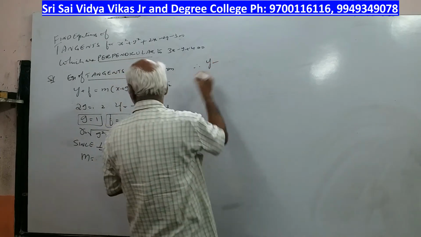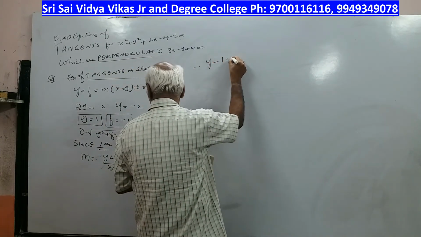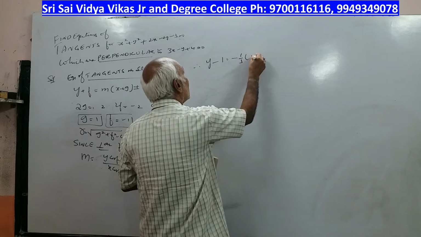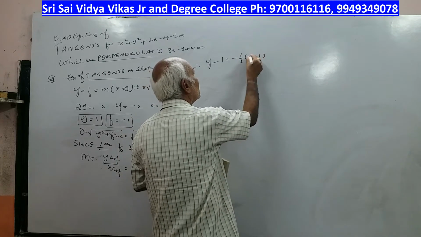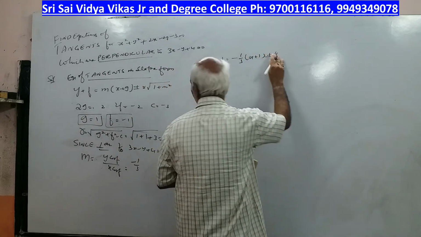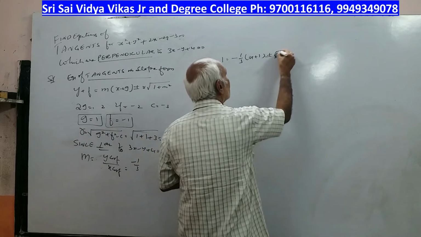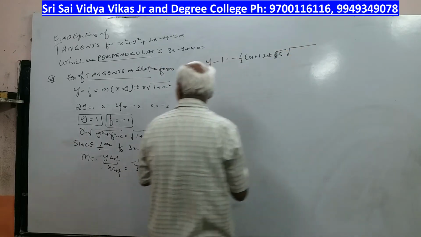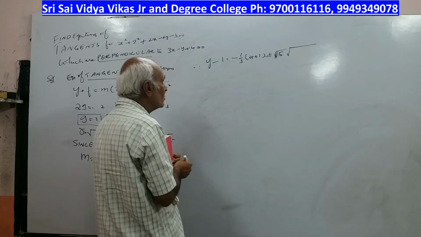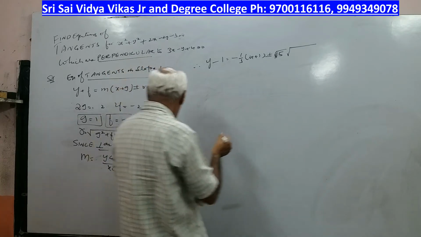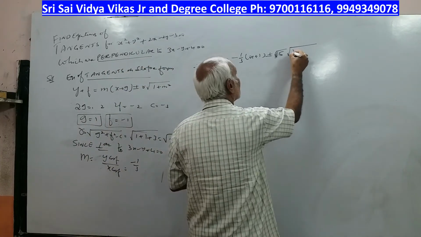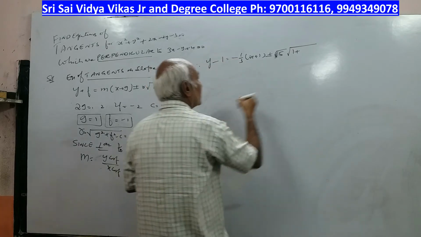Therefore, y plus f, f value is minus 1, is equal to m value into x plus 1 plus or minus r, r value root 5, into root of 1 plus m square. The m value we got is minus 1 by 3, whole square.